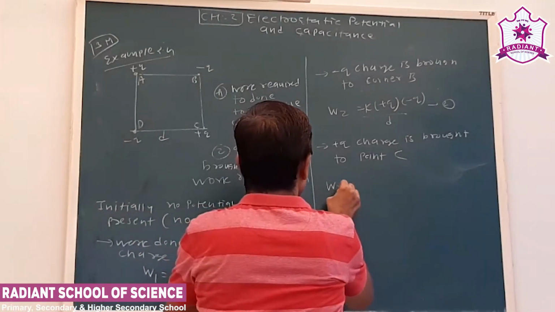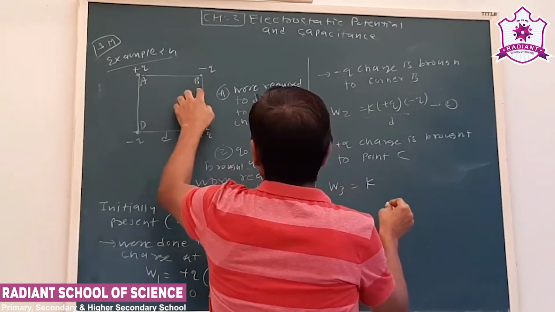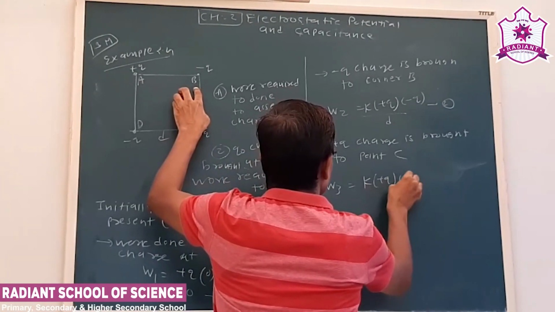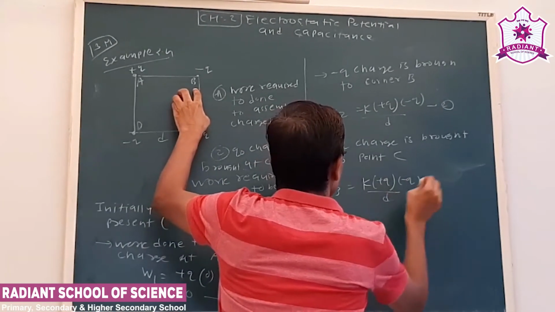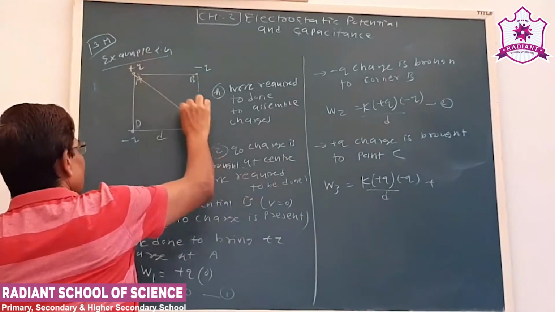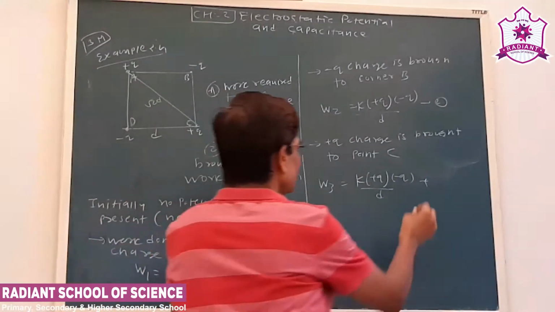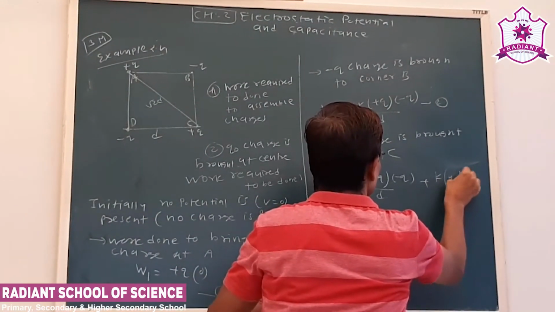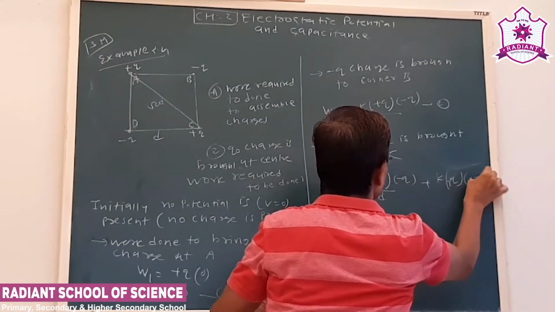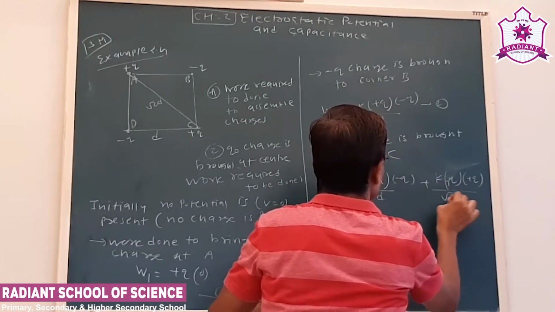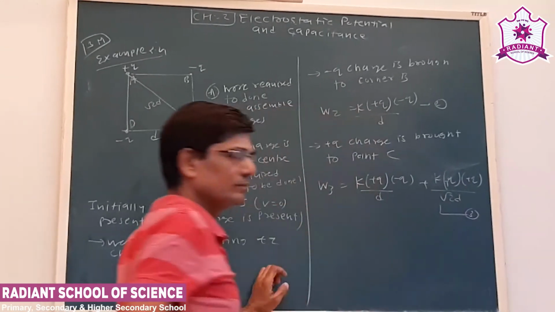So W3 will be K plus Q minus Q upon D. And what will be the distance between the other two charges? We know root 2 D is the diagonal of the square. So that will be K plus Q plus Q upon root 2 D. Now this is equation 3.